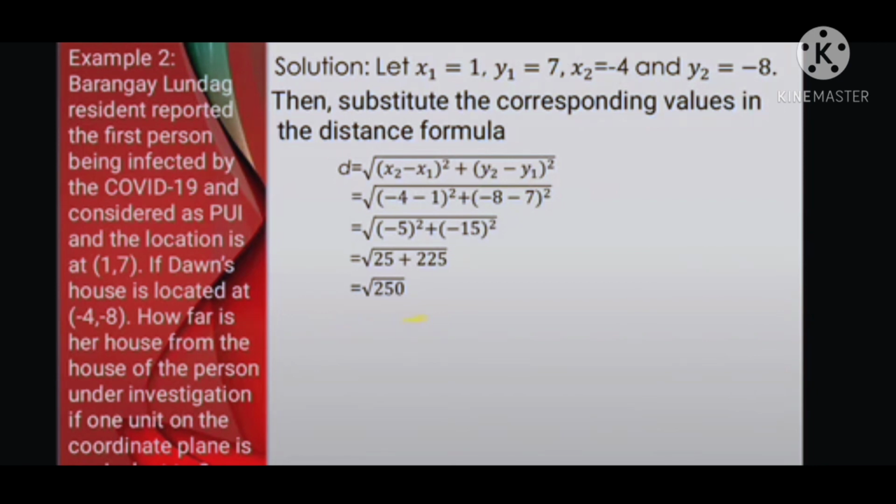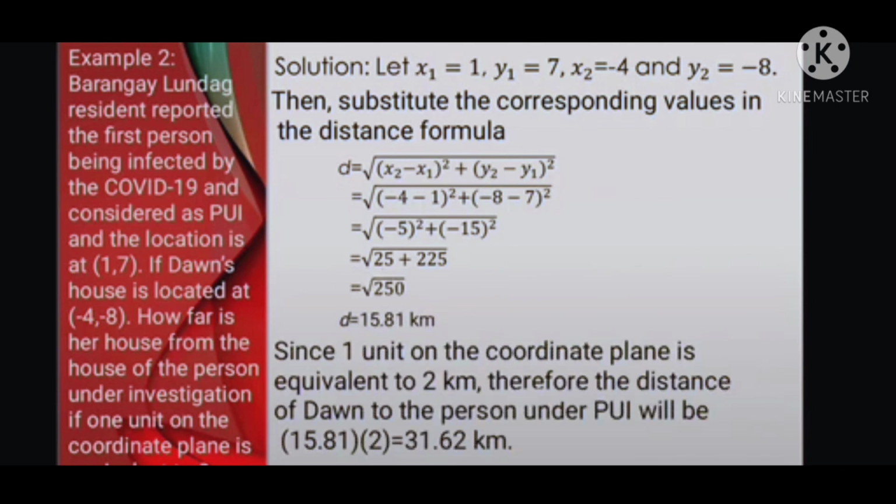The result would be 15.81 kilometers. Since 1 unit on the coordinate plane is equivalent to 2 kilometers, the distance of Dawn to the person under PUI will be 15.81 times 2, that is equal to 31.62 kilometers. So the distance from Dawn to the person under PUI is 31.62 kilometers.